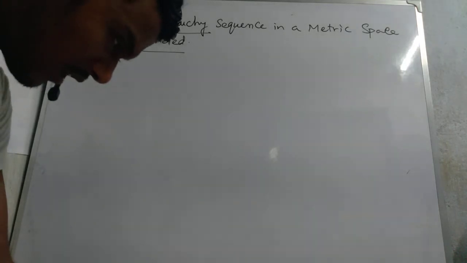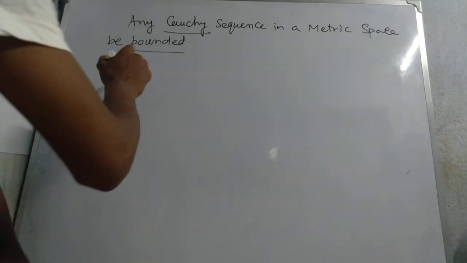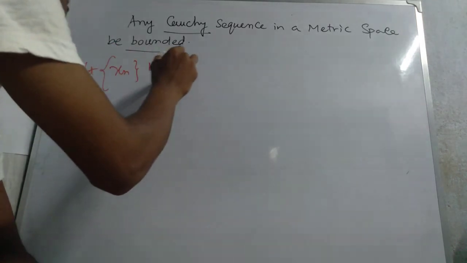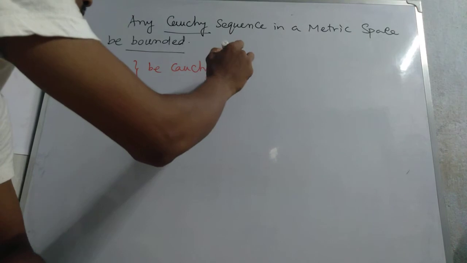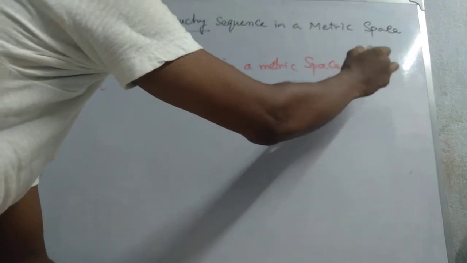Okay, how do we do this problem? Just we relate x_n being Cauchy in a metric space (X, d). Then x_n lies in any open ball B(x, r) for all n.